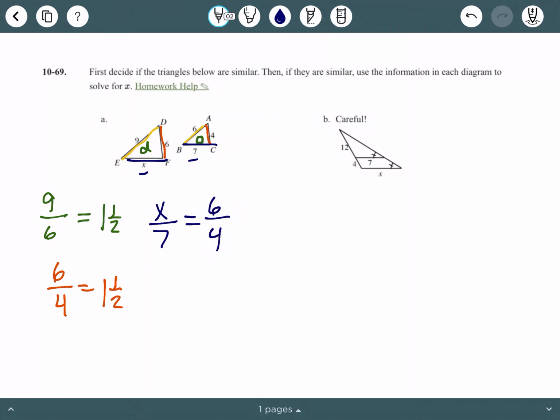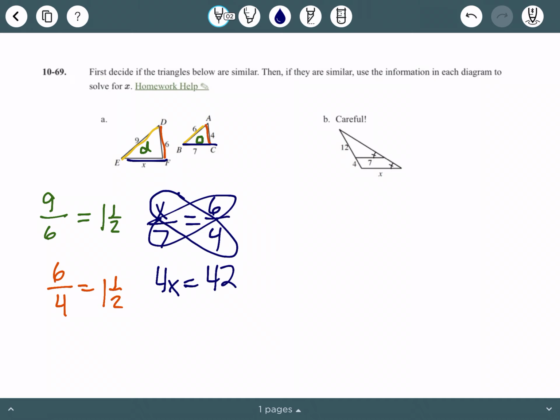Now that we have our proportion set up, we can go ahead and start cross multiplying. Now you can use any strategy you prefer. You can use a giant 1, you can use fraction busters. I just prefer the cross multiplication because I think it's the easiest. So if we have x times 4, that's going to give us a 4x. And then a 7 times 6 gives us 42.